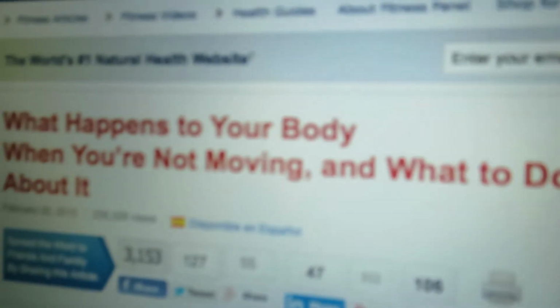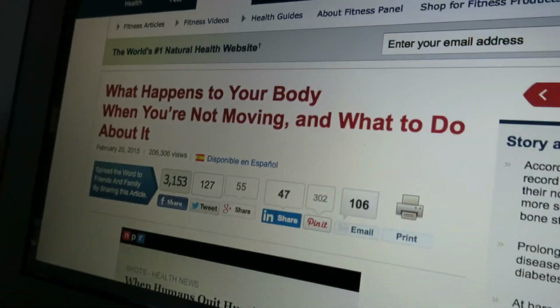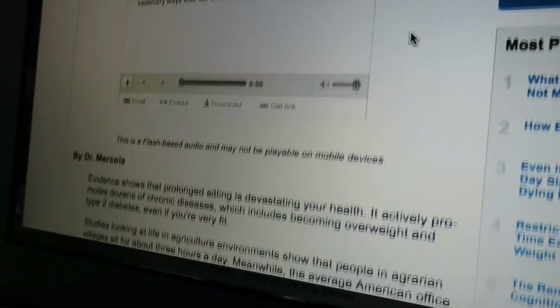The other thing I want to show you is, oh, here we go, actually, I've got it here. What happens to your body when you're not moving it, and what to do about it. It's a Mercola article.